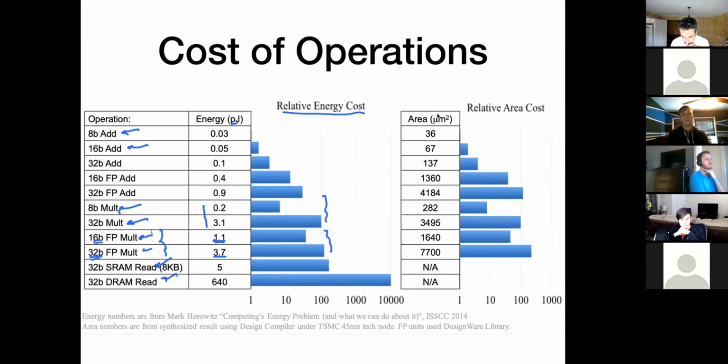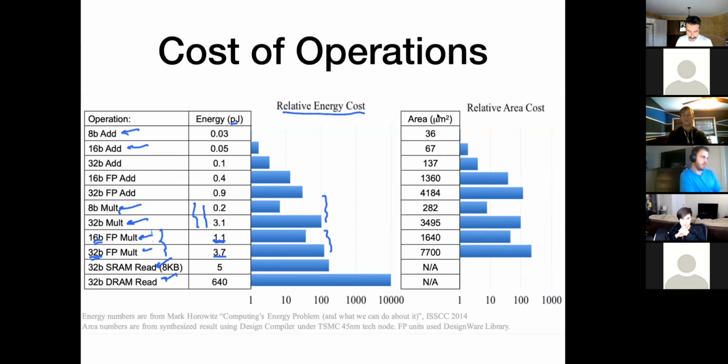The relative value of doing multiplication with a 32-bit representation of integer is even higher. It's roughly 15 times higher, the difference between these two.